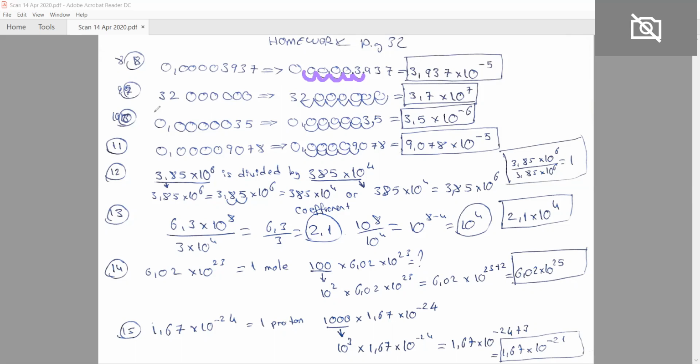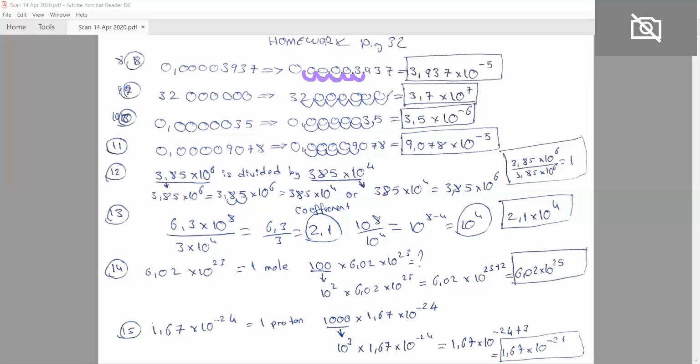Okay, so now let's look at question 9. 32 million. Now we're going to write this number in scientific notation. Guys, remember when we have very big numbers, obviously our power is going to be positive. And also remember, there is no decimal in whole numbers.